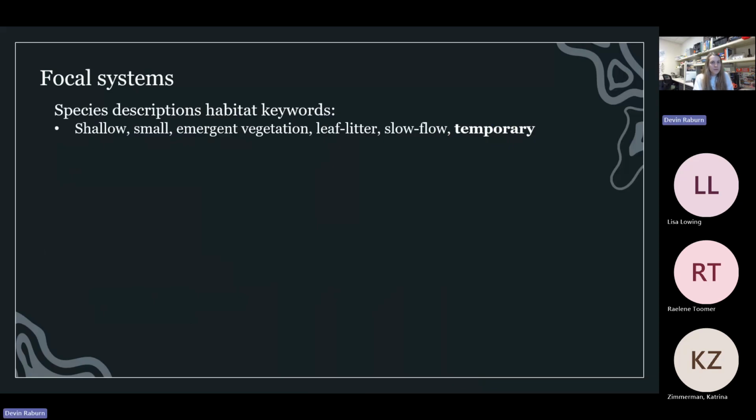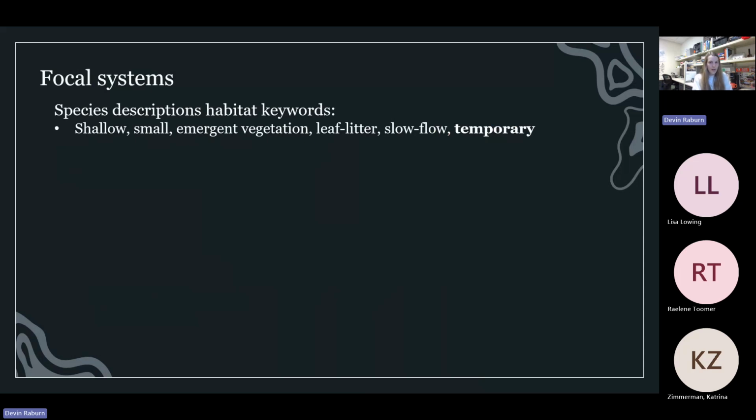And the focal systems that we'll be honing in on today, we'll be describing some in a little bit, but all 7 species descriptions have some common keywords explaining their habitats. And some of them name specific habitats, but some keywords that they use are shallow, small, emergent vegetation, leaf litter, slow flow, and temporary.